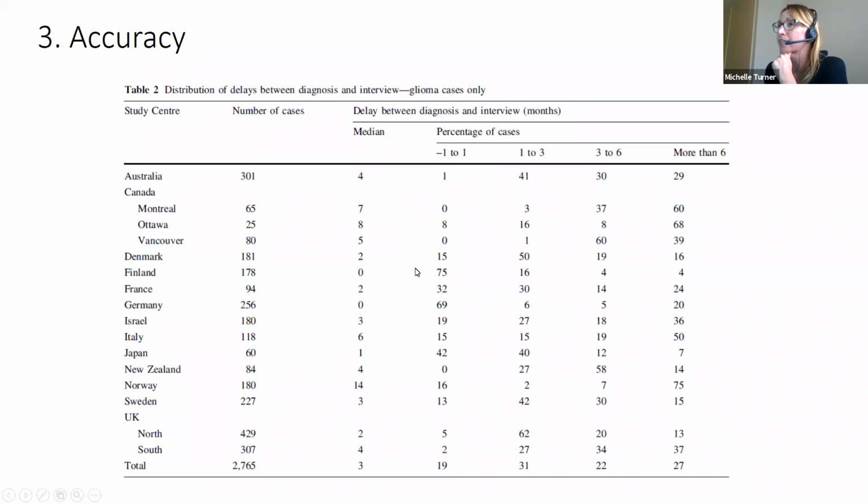Most cases were interviewed a few months after their diagnosis, in some cases many months after diagnosis, some more than 6 months after. This is really important information as well when you're thinking about glioma cases in terms of their health and ability to respond in a demanding interview.